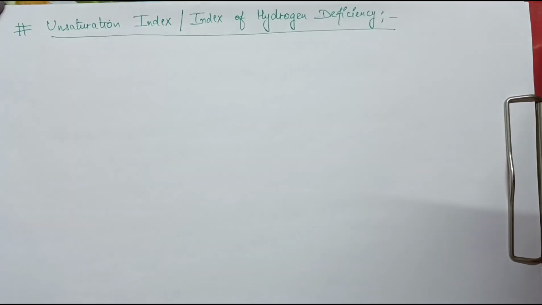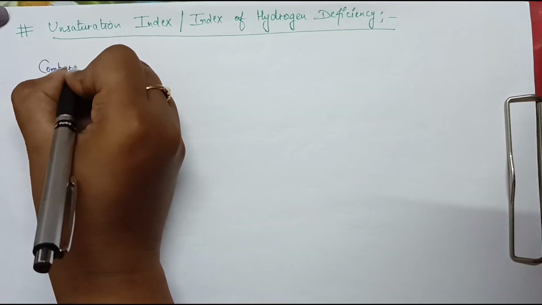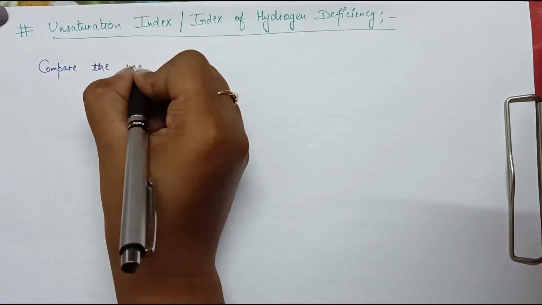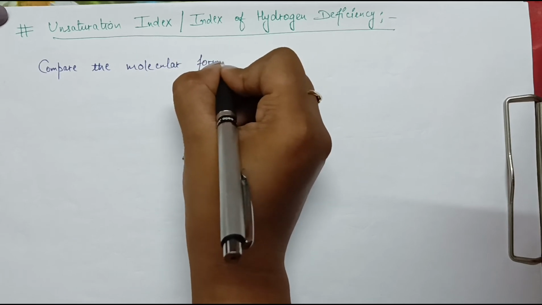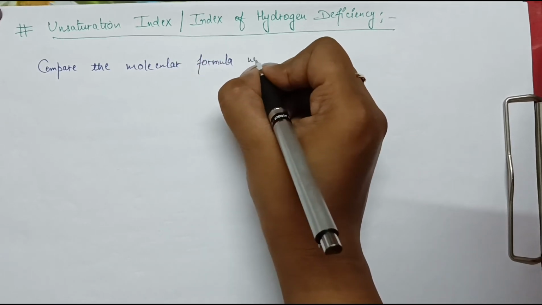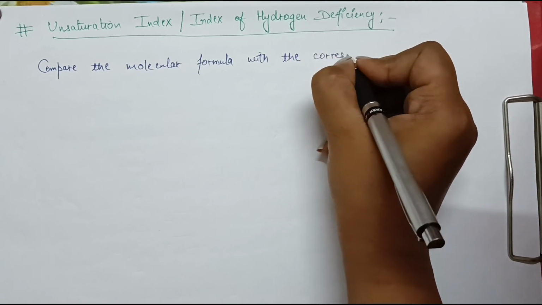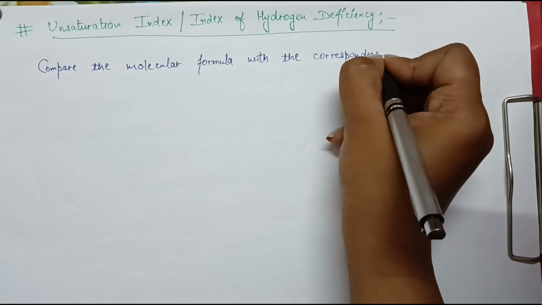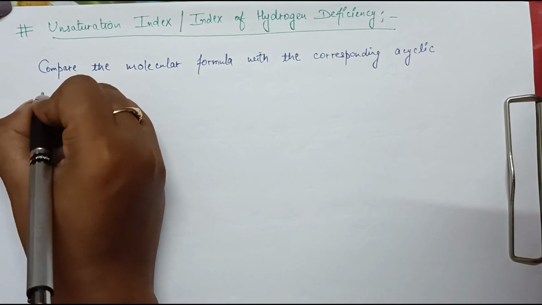So now we are going to discuss the unsaturation index or index of hydrogen deficiency. For that you have to compare the molecular formula with the corresponding acyclic saturated formula.